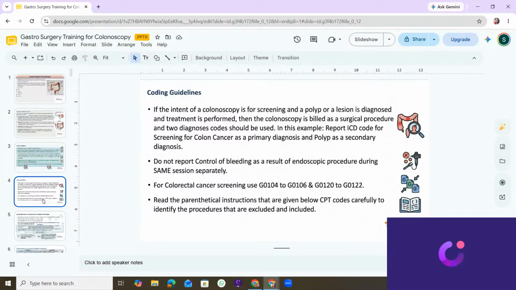Read the parenthetical instructions that are given below CPT codes carefully to identify the procedures that are excluded and included. So this will help in the digestive and gastrointestinal coding system.